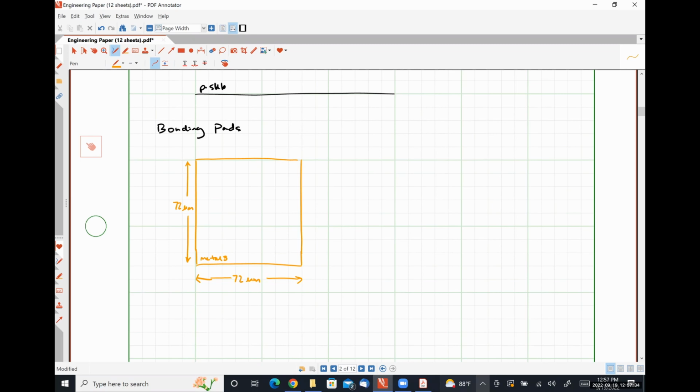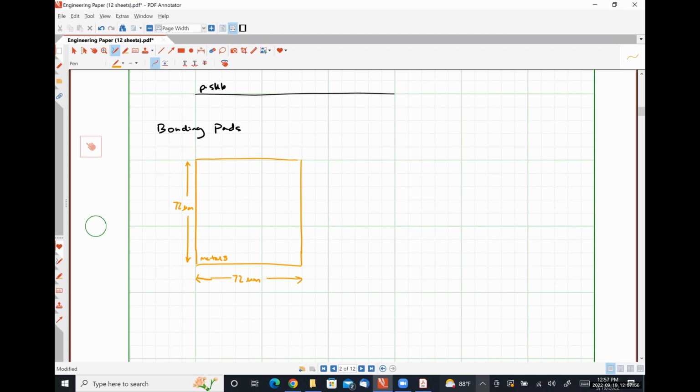This is literally the only thing in our design rules that has a fixed physical dimension. It is not in terms of our scaling factor or anything like that. It is minimum of 72 microns by 72 microns, full stop, okay?